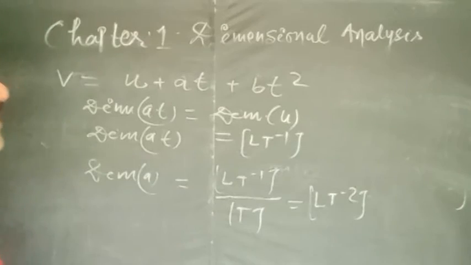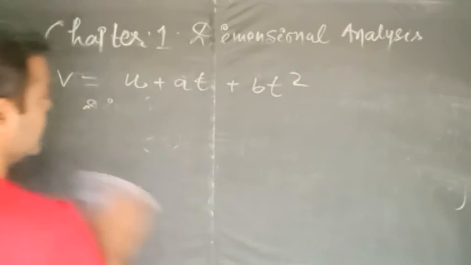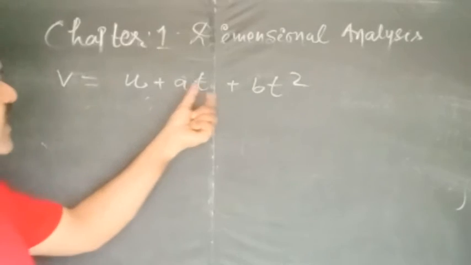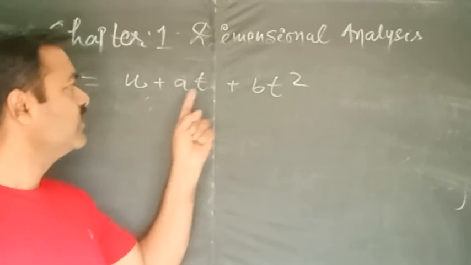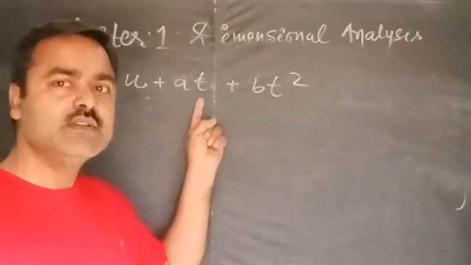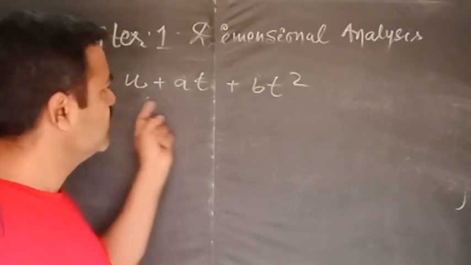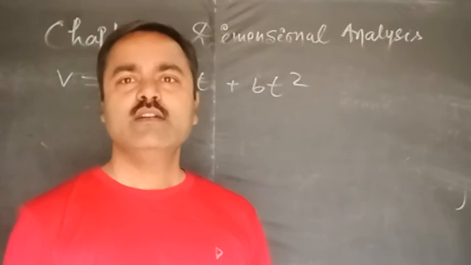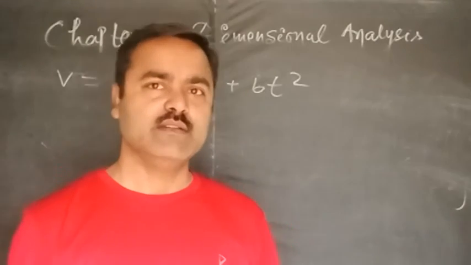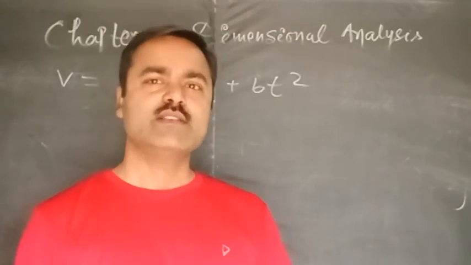Clear? Now the next one is how can you find the dimensional formula of b? You know the dimensional formula of b into t² will be equal to the dimensional formula of a into t, and is also equal to u. So you may take any two terms equal to find the dimensional formula of b, because the dimensional formula of each term separated by plus or minus is equal.